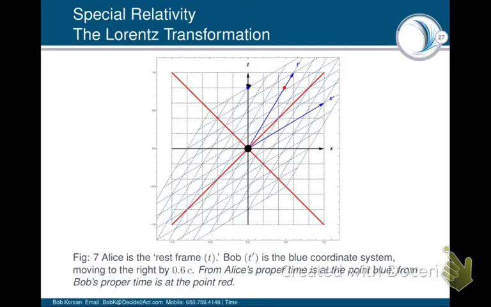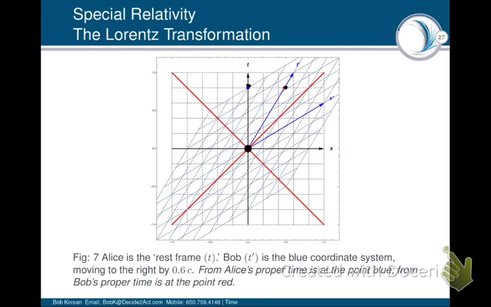The other point is the red one, and the red one lies along Bob's co-moving frame. Now this is Bob's co-moving frame relative to Alice's. So here Bob has the same time in Alice's coordinate system, but a different coordinate time in his time system.